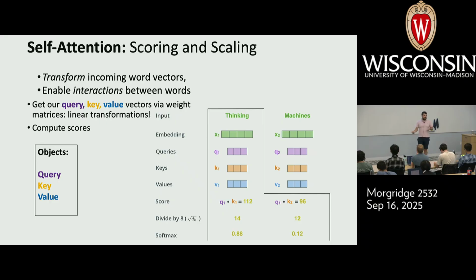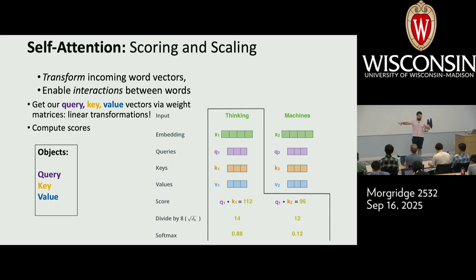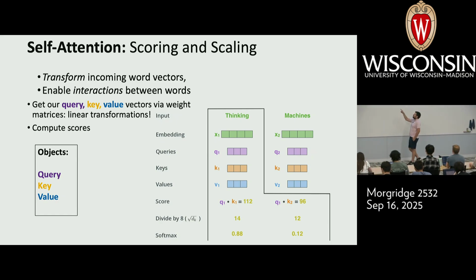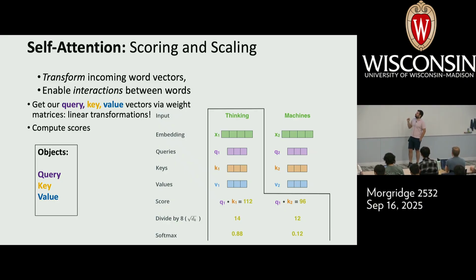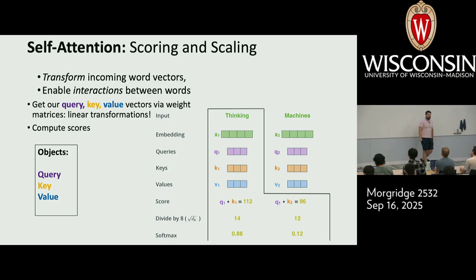The comparison says I'm looking at a particular query. I make the comparison with the keys of all the other words. So that's what you're seeing here. You're seeing Q1 compared with K1 and K2. But after this, we're going to move on to looking at the second word. We're going to do Q2 times K1 and then times K2.